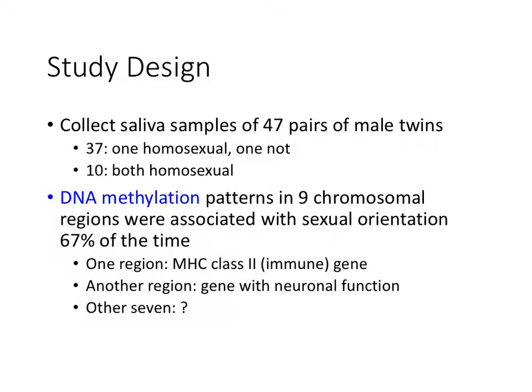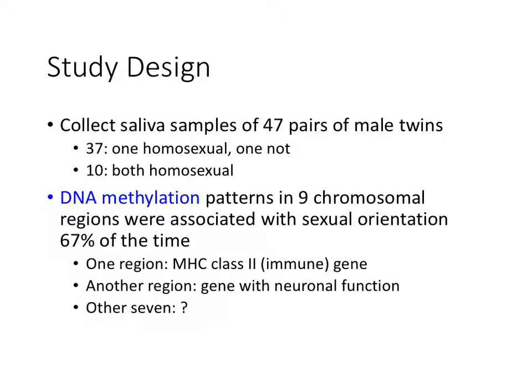So here's what these scientists did, in brief. There's more detail, of course, but these are the highlights. They took male twins. Twin studies are great for genetics because you have two individuals that are genetically almost identical, better than you can get by just looking at siblings. They had 37 pairs where there was one homosexual and one heterosexual, and 10 pairs where both of the twins were homosexual.